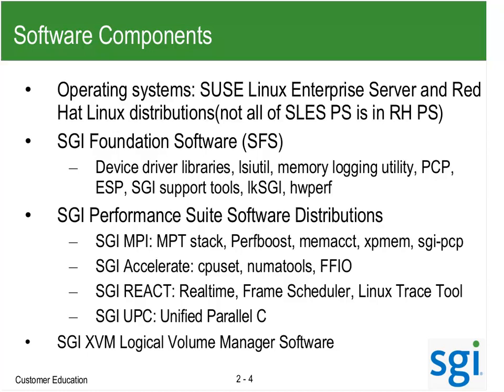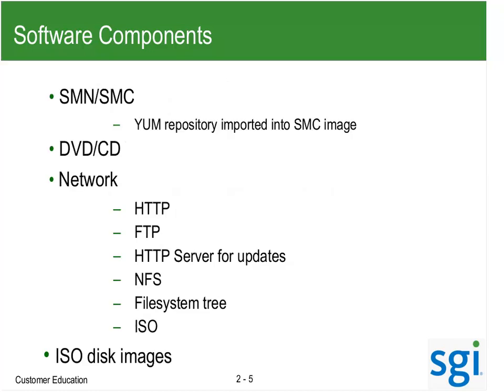PCP-SGI is proprietary SGI software, like getting the UV metrics. So there's a couple of unique things that are not in the open source version. I'll come back to that later. Any questions?